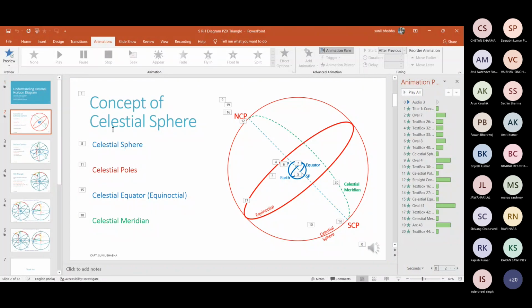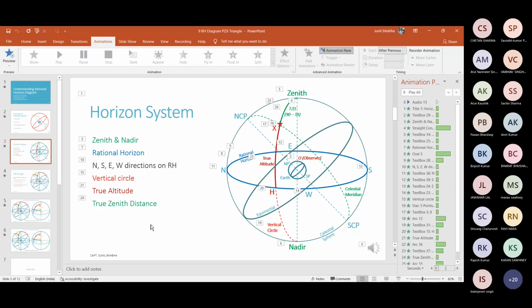So beta, this was the celestial sphere, the concept of celestial sphere and the equinoctial system. We discussed what is the celestial sphere, what are the celestial poles, what is the equinoctial, and what are celestial meridians. Then in the next diagram, we discussed about the horizon system.